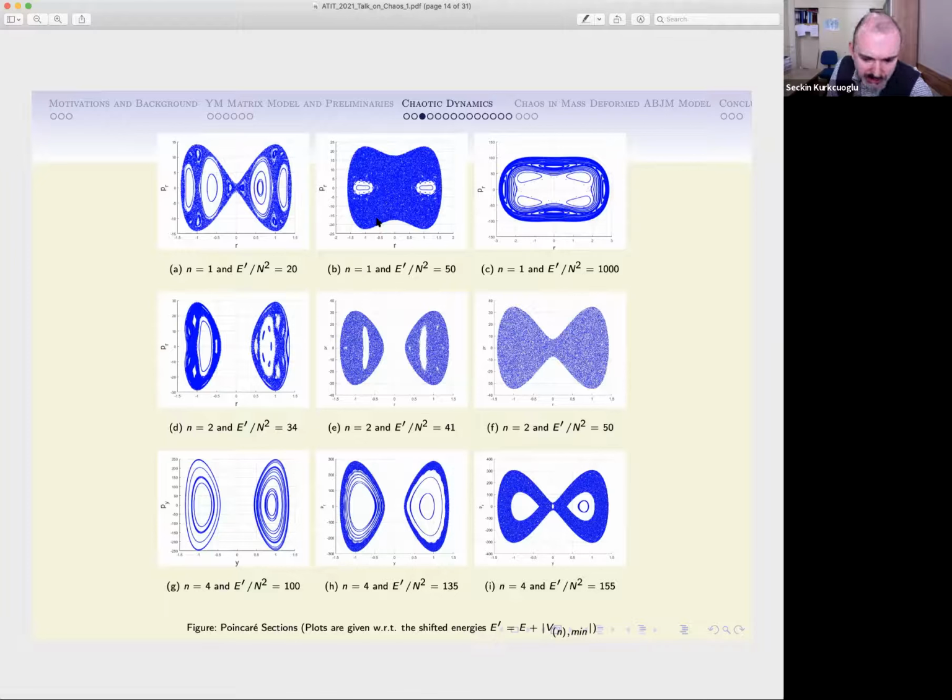So let me not tell you at the moment what Poincare sections are. If in the discussion section there's some curiosity, I will tell you. But this is just a plot of, so it's the ingenuity of Poincare to describe dynamics in a various fashion.